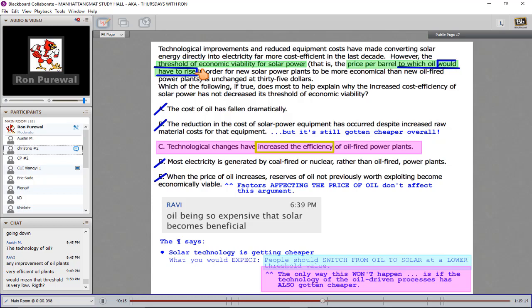So if your oil plant became more efficient, then, imagine buying a hybrid car. If you buy a hybrid car, that means you are much better able to tolerate high gas prices. It's the same sort of thing. Because this threshold price is kind of like how expensive would gas have to get before you would stop driving.